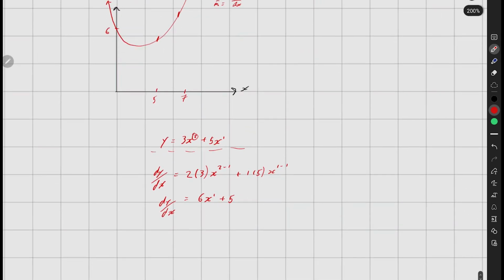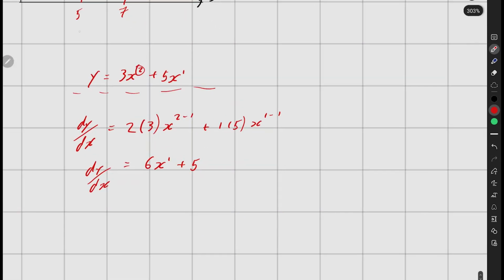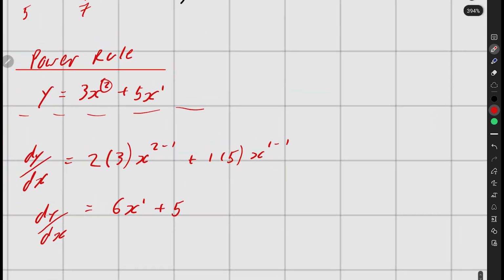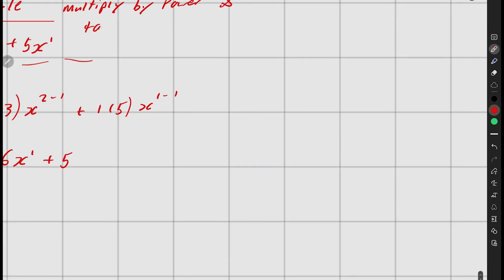So now we've looked at the power rule. I'll write it up here as well, in case you want to copy it down or anything. So your power rule is equal to multiply by the power and take 1 from the power.